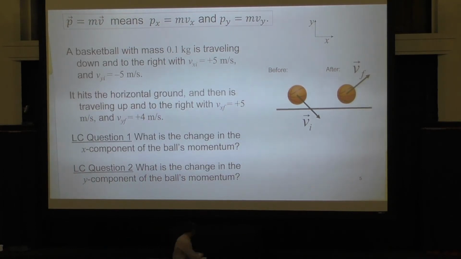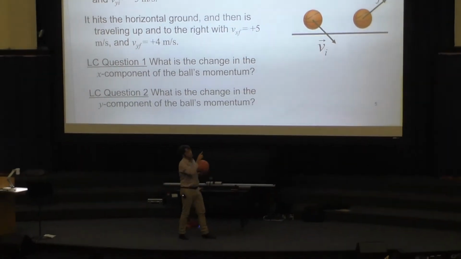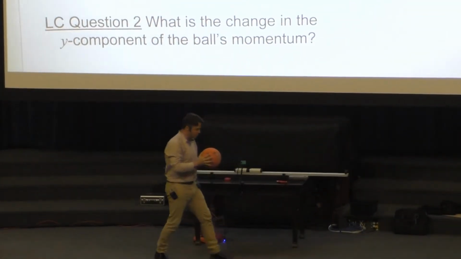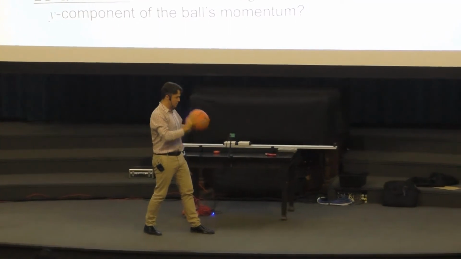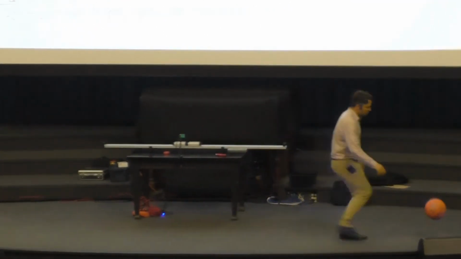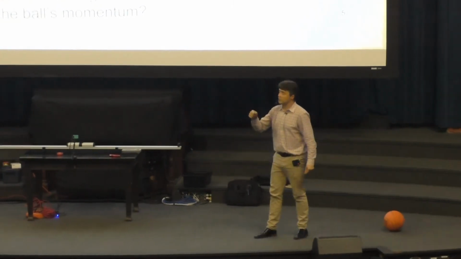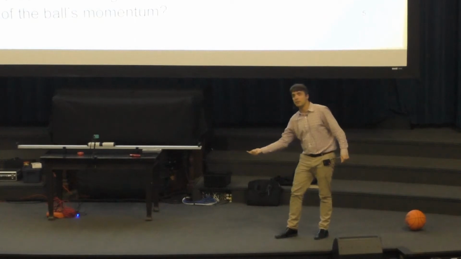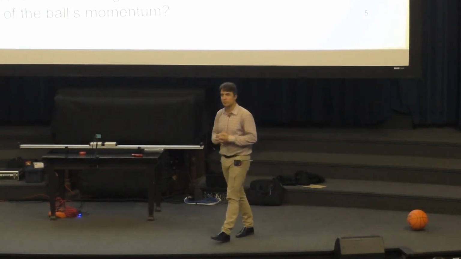A basketball, and we can actually do the demo, starts by going down at an exactly 45-degree angle. What I've given you is actually the x and y components. They're both 5 meters per second. So it's square root of 25 meters per second that way, whoop, and it bounces. What we're comparing is the x component of the ball's momentum just after compared to just before the collision with the ground.